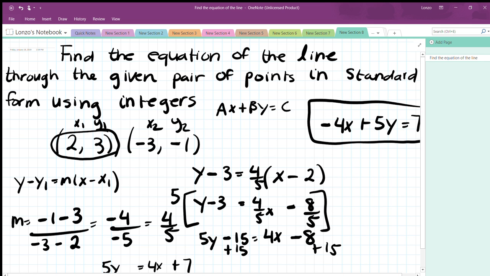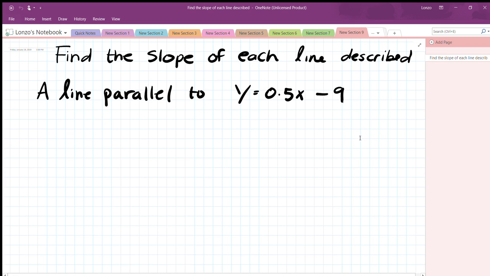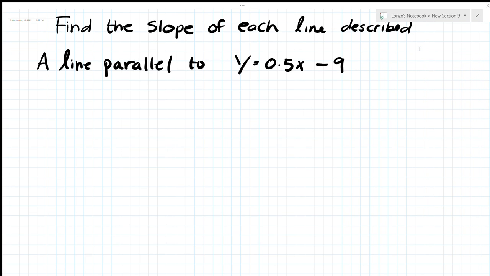So that was section 8. Let's do section 9. Now this problem asks us to find the slope of a line that is parallel to y equals 0.5x minus 10. So what do we know about parallel lines?